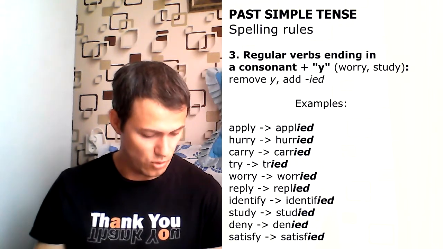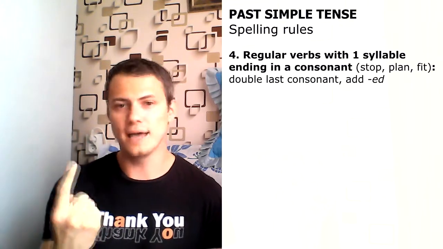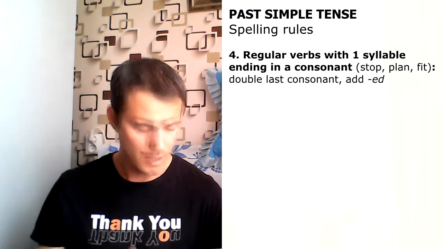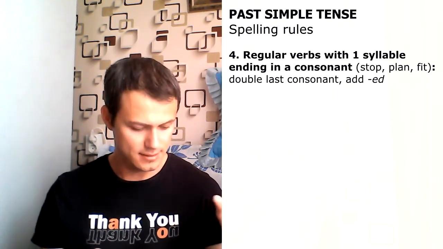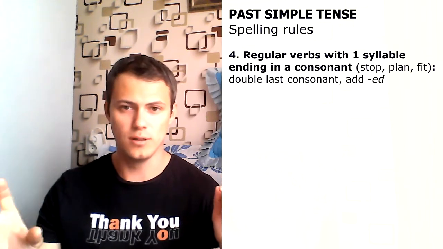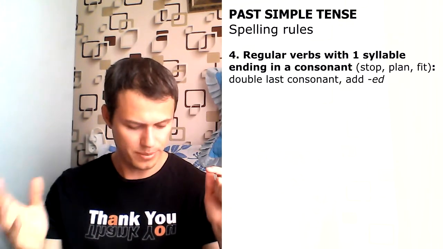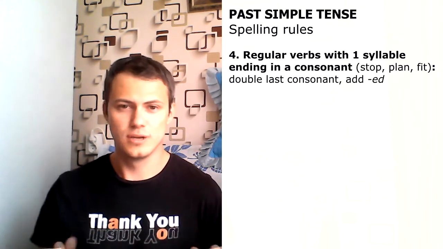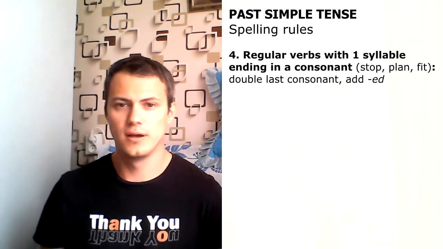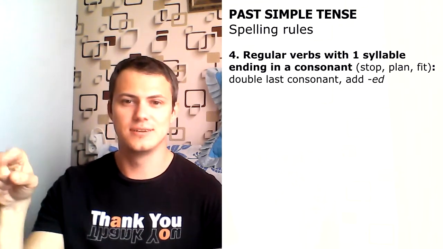So let's move on. The regular verbs with one syllable, the short verbs that end in consonant plus vowel plus another consonant. For example, stop, plan, feed. We should double the final consonant of the verb and add the ed ending.